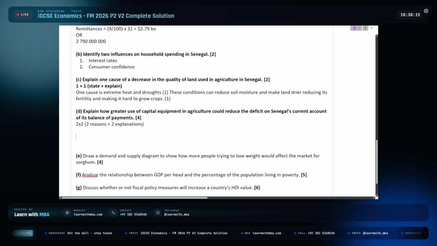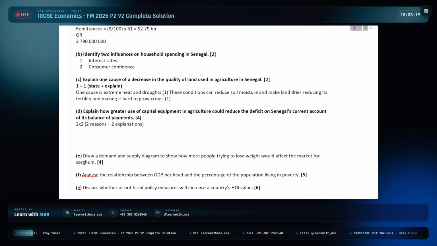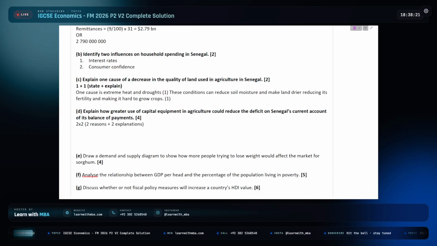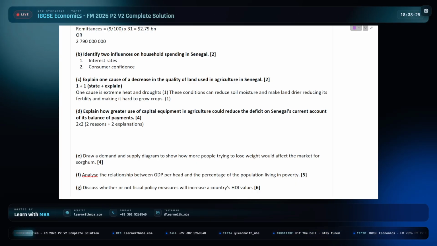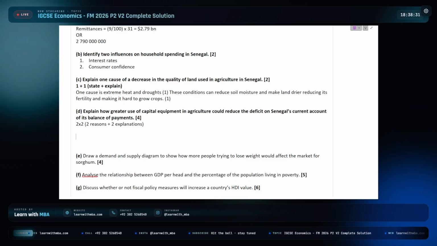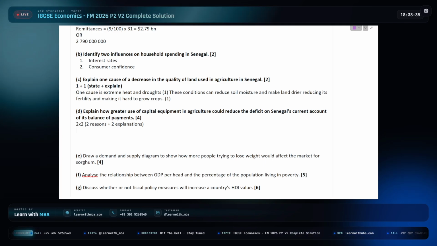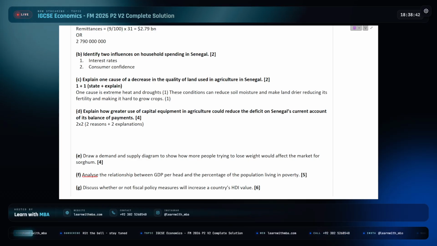So you would write down just two reasons why it would happen. When you use capital equipment like machinery in agriculture, you can produce more rice, you can produce more output. That means your productivity improves, your output increases, and as a result, you have more to export, right?